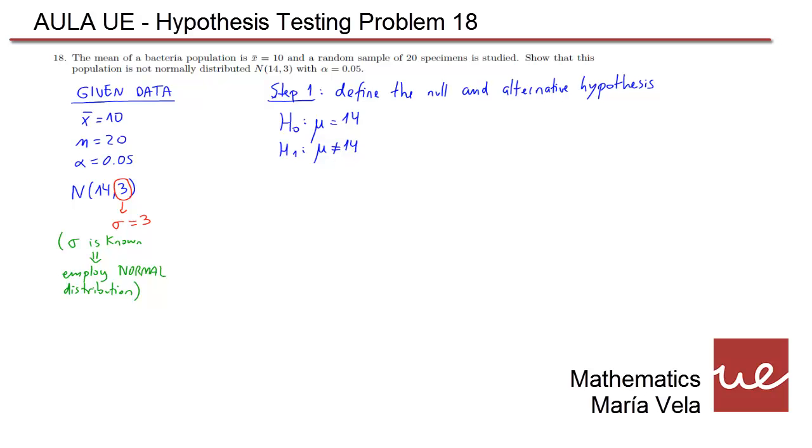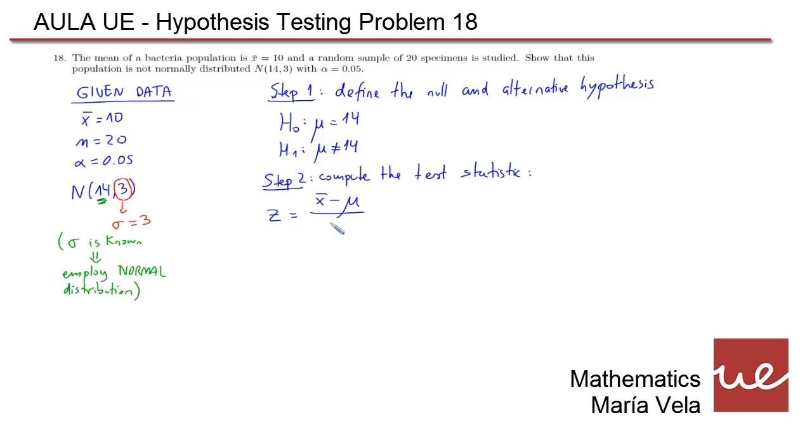Okay, once that we have stated both hypotheses, the second step is going to be to compute the test statistic. And as I said, since sigma is known, we have to employ the test statistic for the normal distribution, and that's the reason why we call it Z. Z is going to be x bar minus mu divided by sigma over square root of n.